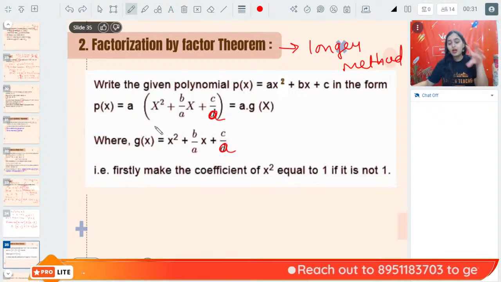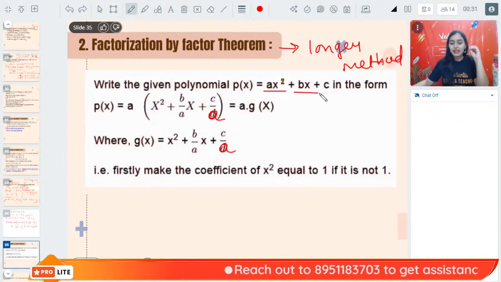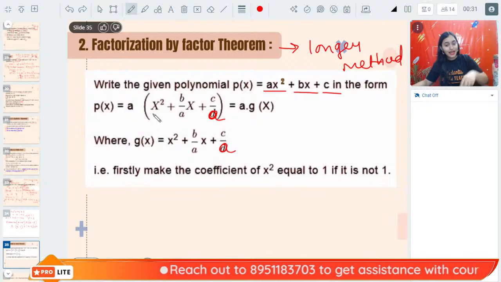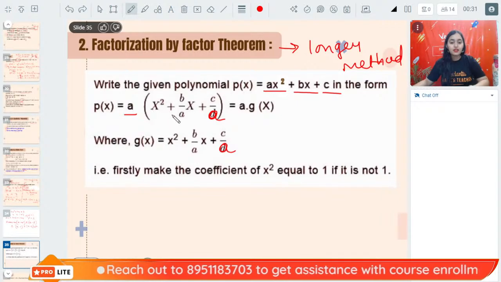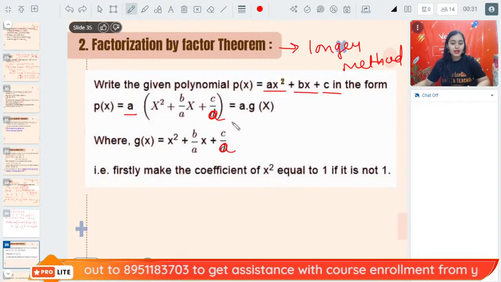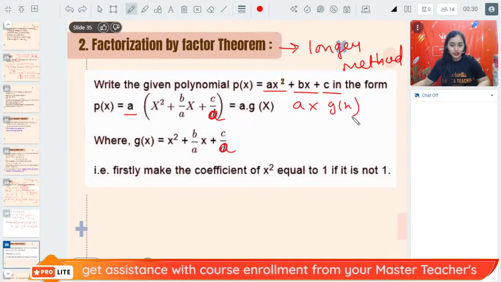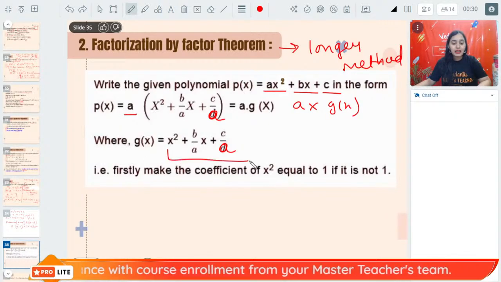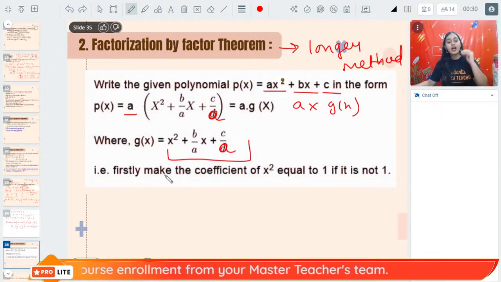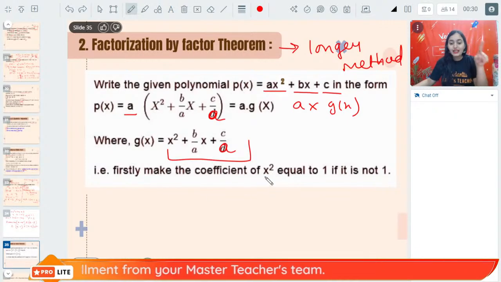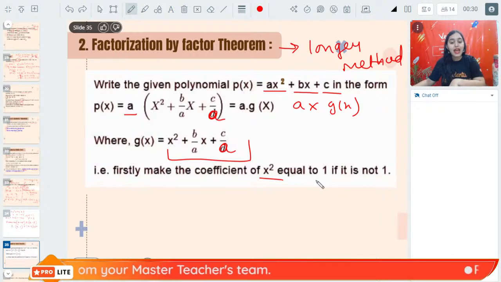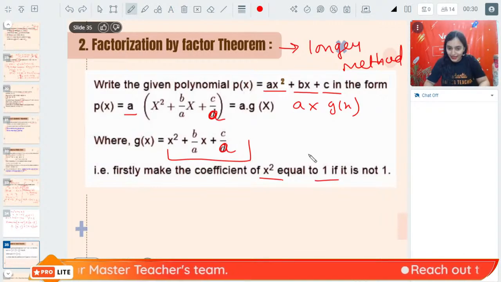Basically, suppose you have a polynomial ax square plus bx plus c. Can you write it as a into x square plus b upon a x plus c upon a? That is basically a into g(x) polynomial, right? Where g(x) is this polynomial. So first of all, we are making the coefficient of x square as 1 if it is not 1.